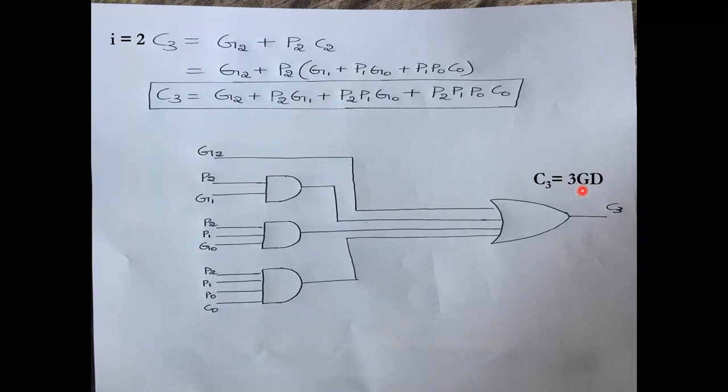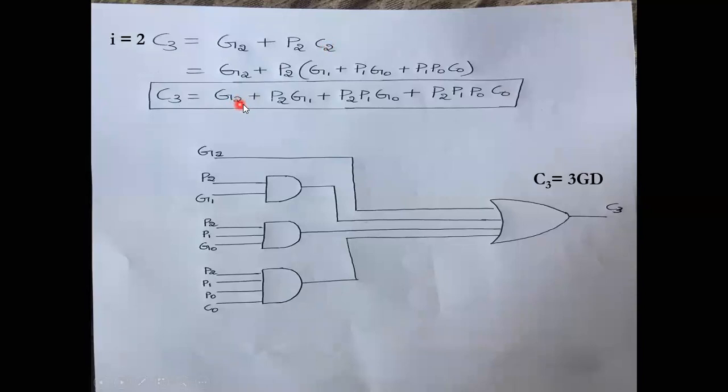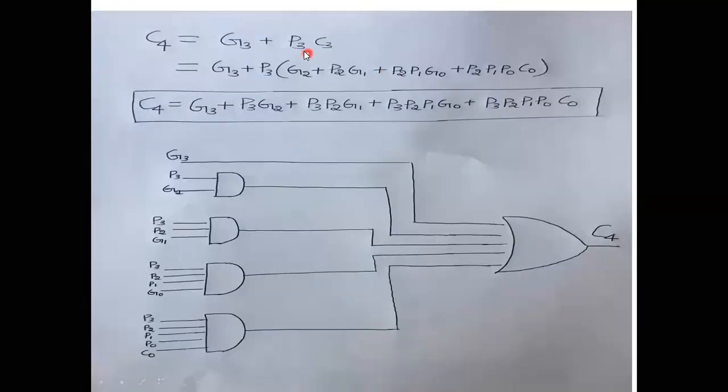So finally, in order to produce C4, we have to make I equal to 3. So C4 equal to G3 plus P3 into C3. In order to make it independent of C3, I'm substituting the expression of C3 in this equation and finally getting this particular expression.